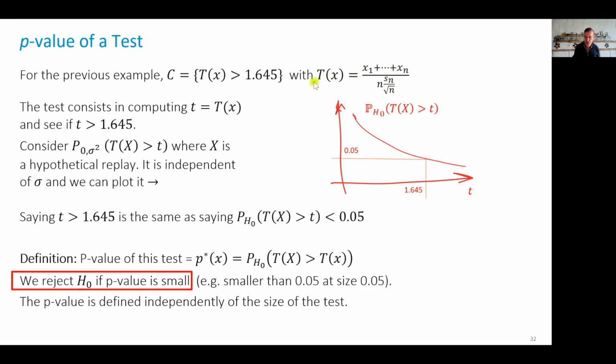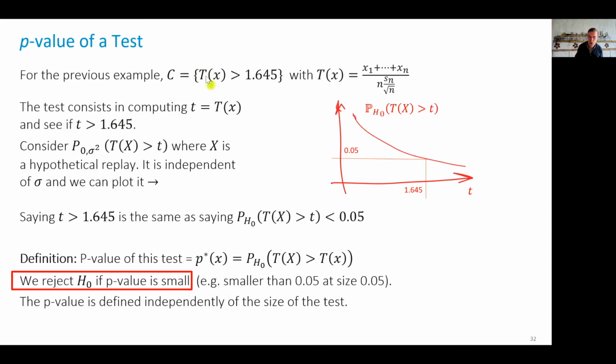This is called the test statistic. And I reject H0 if the test statistic is larger than some threshold here. So the test consists in computing from the data the value T, the test statistic, and seeing whether it is larger than 1.645 here.